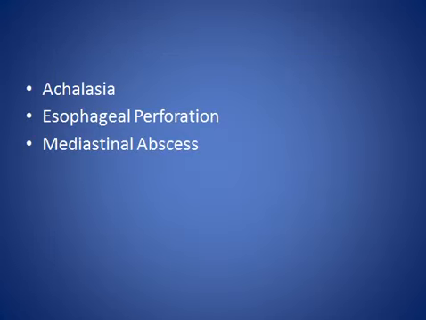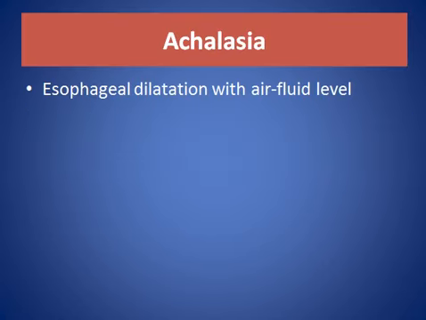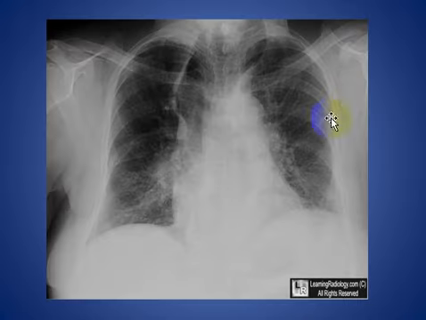The less common causes include achalasia, esophageal perforation, and mediastinal abscess. In achalasia, we have dilatation of the esophagus with or without air fluid level. As we see here, the esophagus is hugely dilated, containing air.